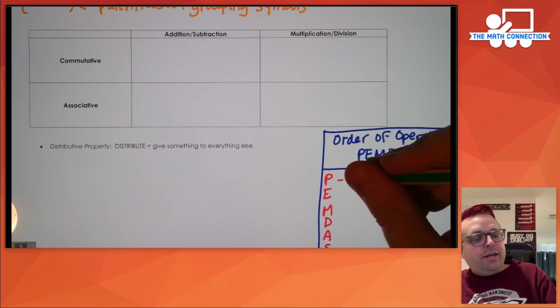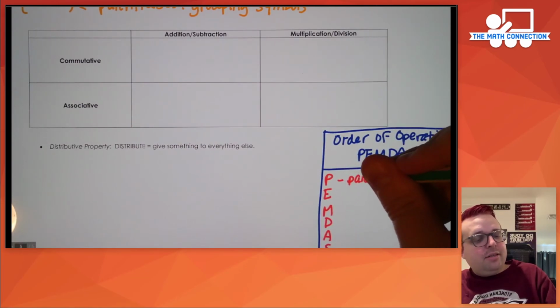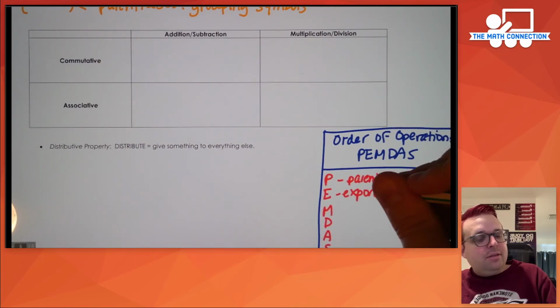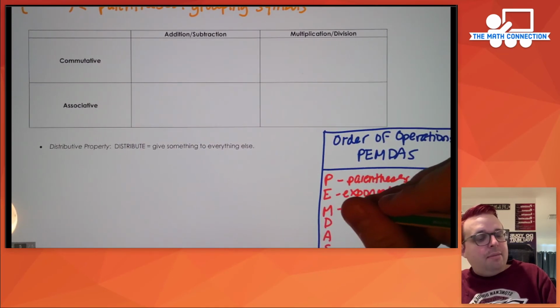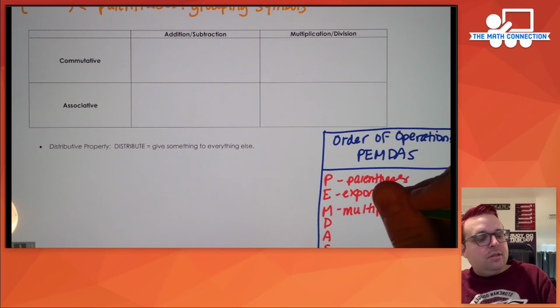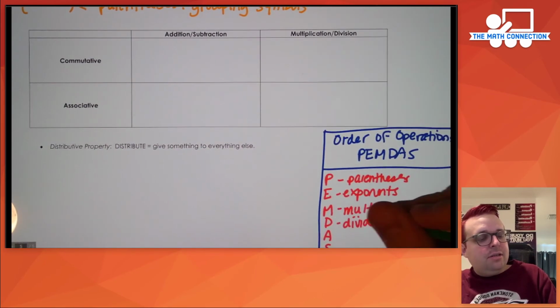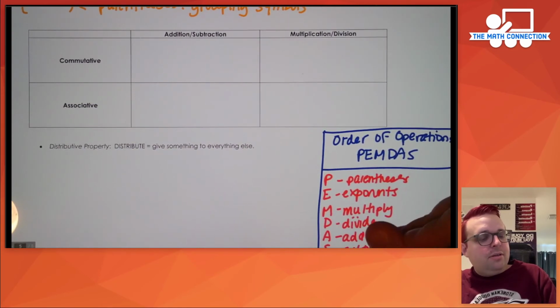What this stands for is you do parentheses, and then exponents, and then multiplication, and then divide, and then you add and then you subtract.